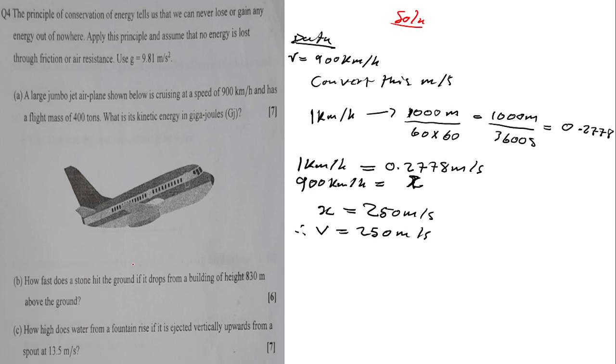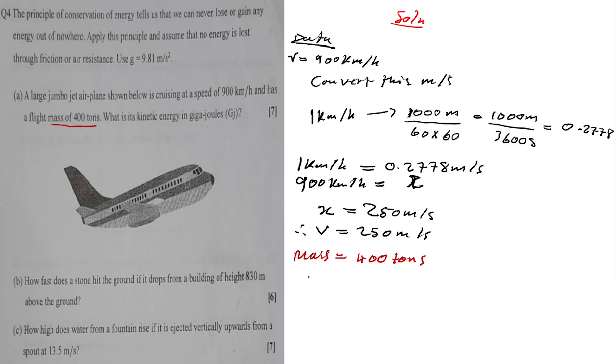Our other information is the mass, which is 400 tons. If you want to change tons to kg, remember the SI units need to be in kg.